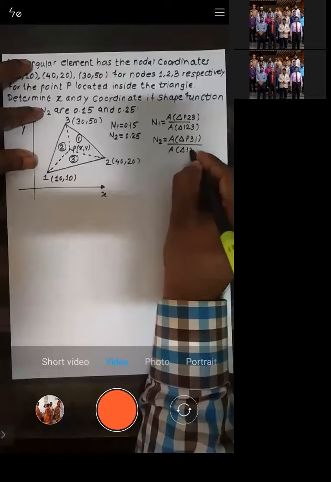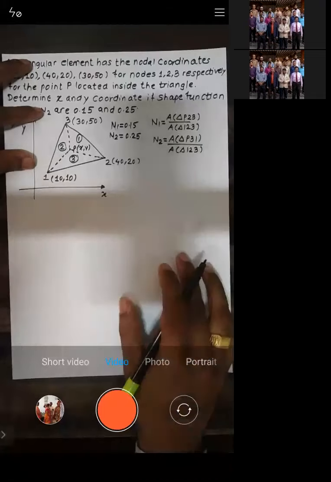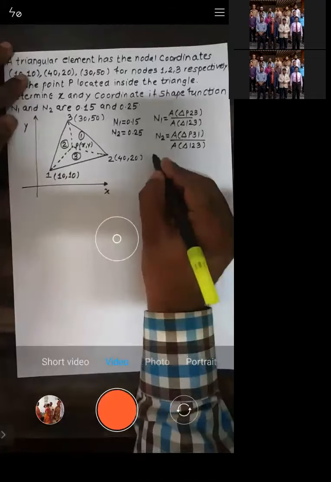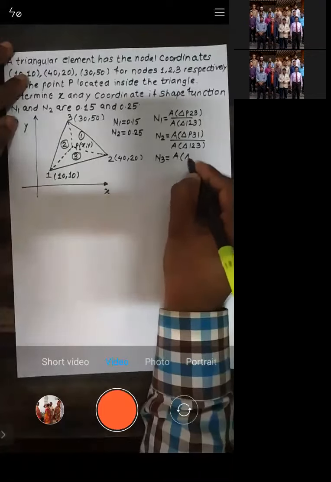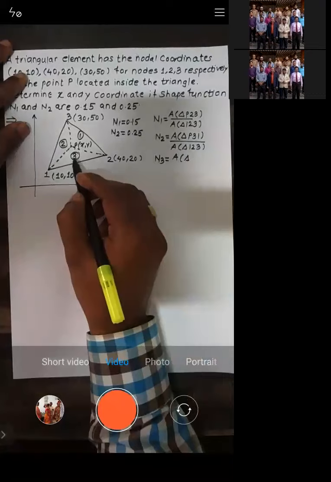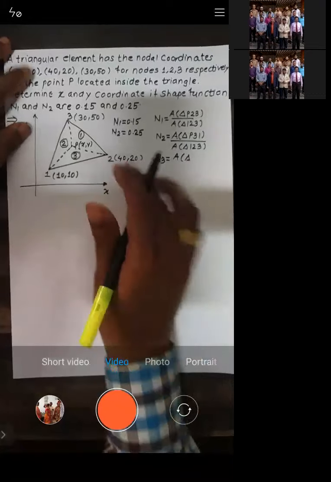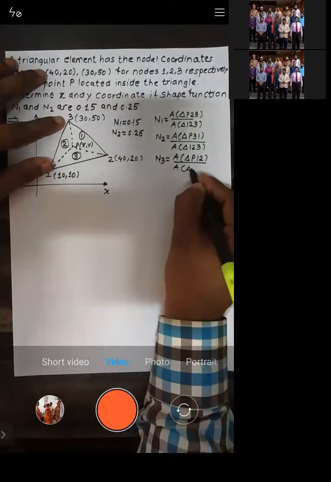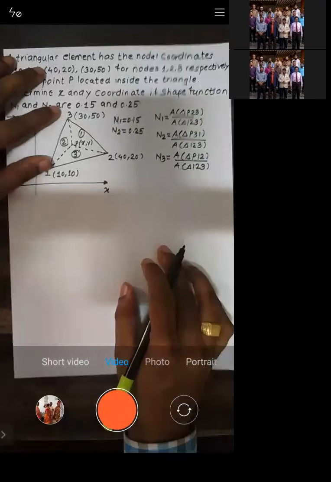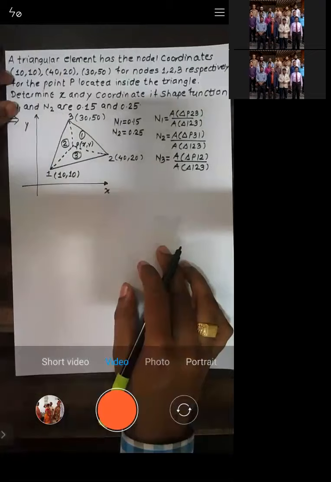Similarly, we can calculate N3 as the area of triangle 3, which is P12, so N3 is the area of P12 upon the area of triangle 1, 2, 3. Yes or no? Is it okay?